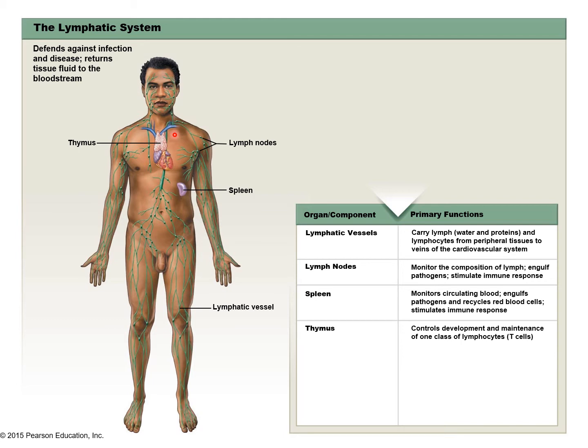And so the fluid that oozes out of your blood vessels enters into your lymphatic vessels. And then from there, your lymphatic vessels take that fluid and drain it eventually back into your vascular system, so back into your veins.